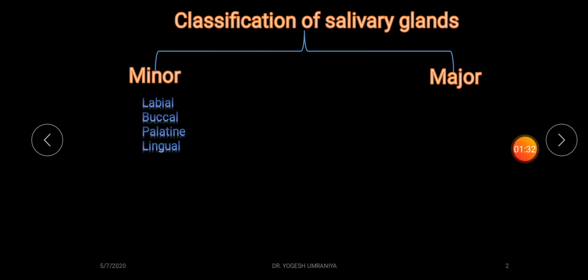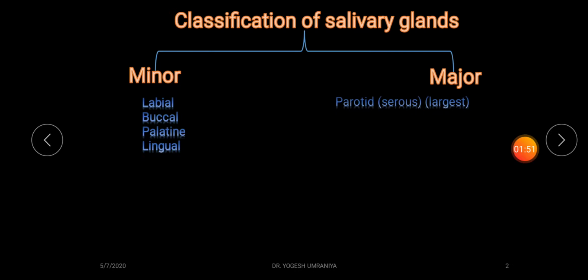Now in the major category you have three glands. First one is the parotid gland, which is the largest salivary gland in the human, and the type of this gland according to the secretion is serous.